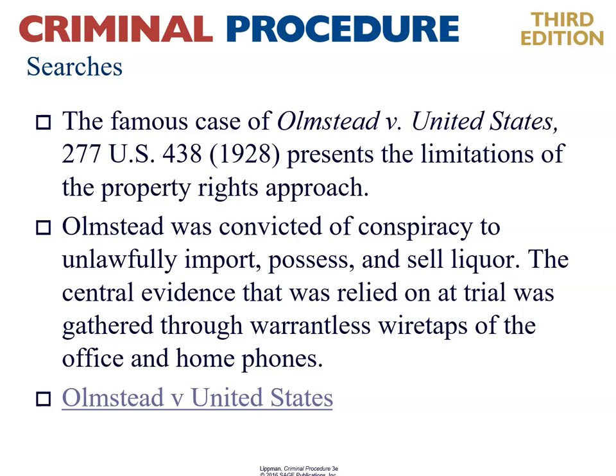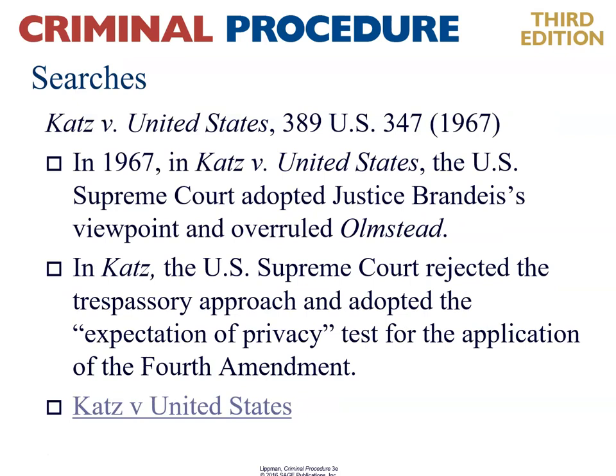Now, the U.S. Supreme Court in this case, in a 5-4 vote, and when you see the votes of the Supreme Court, a lot of times there is a divided court, basically rejected Olmstead's contention that the close to 800 pages of notes gathered from the wiretaps had been obtained in violation of the Fourth Amendment.